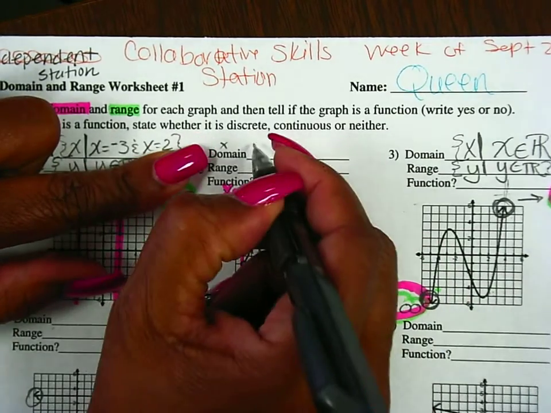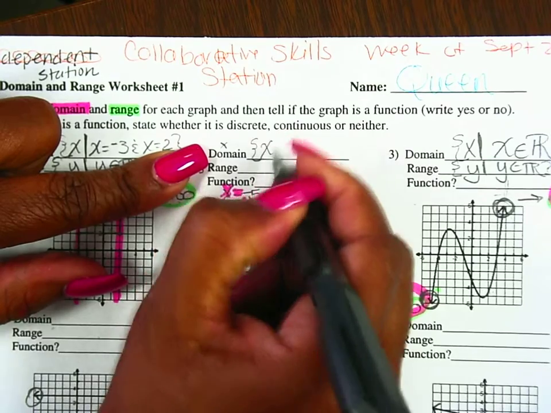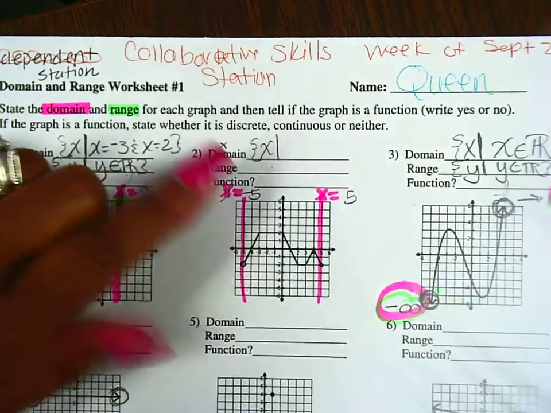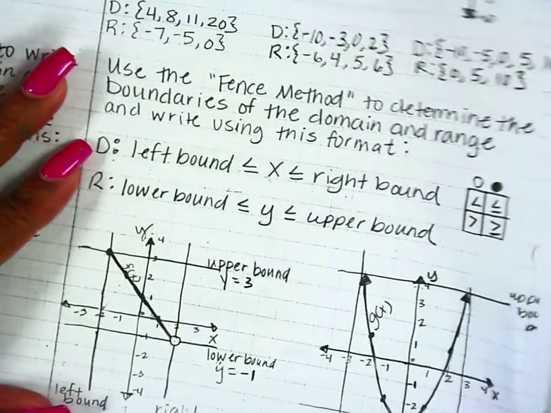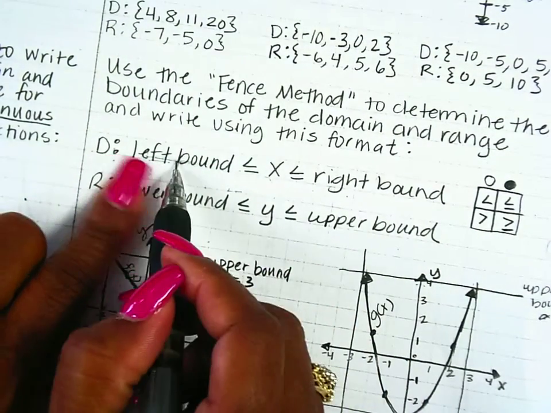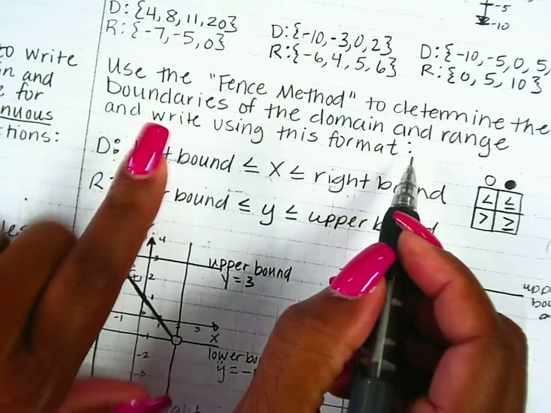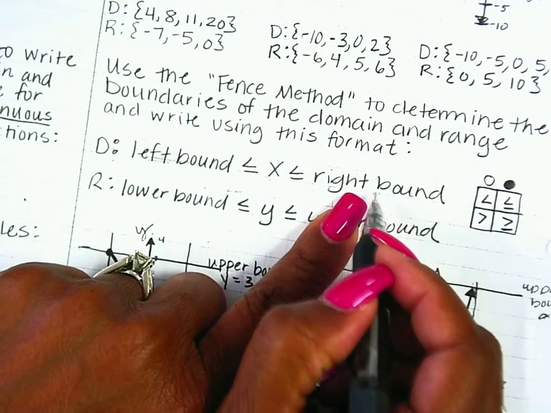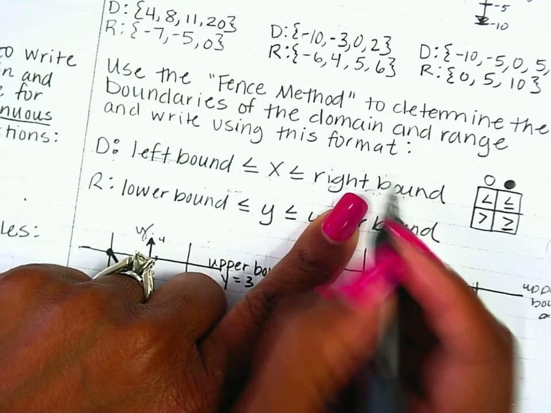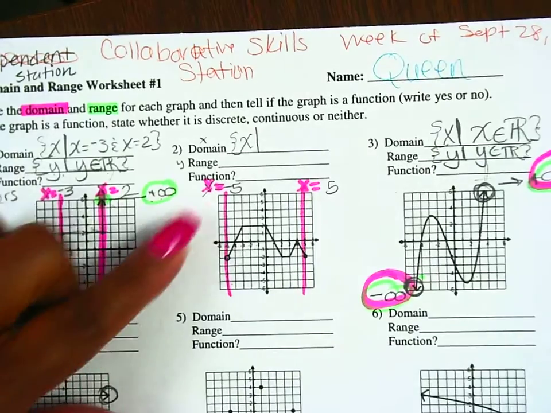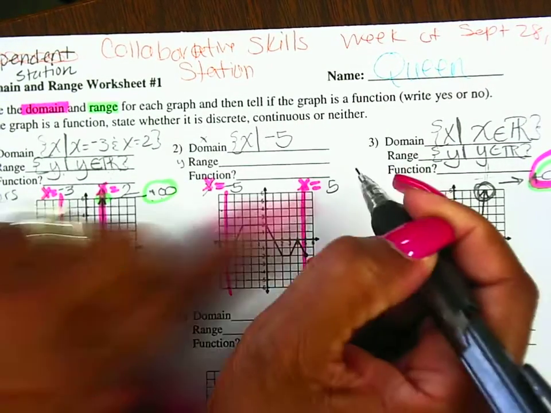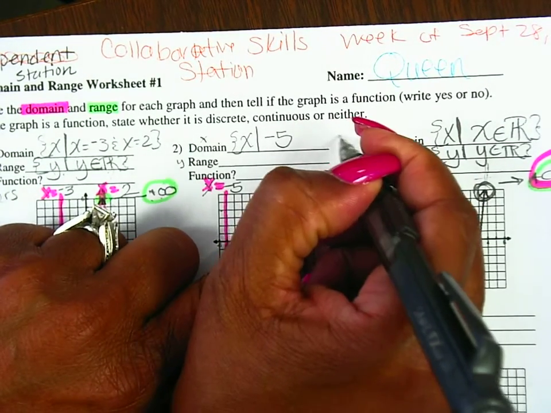So for my domain, I will go here and say x such that... if you go back and look at your notes, it tells you for the domain, you put your left boundary here. That's the smallest number. The smallest number goes to the left, and the largest number, which is the right boundary, how far it can go to the right, goes to the right. So here my left boundary, I'm going to write -5. My right boundary is 5.